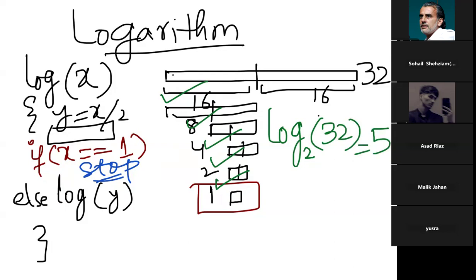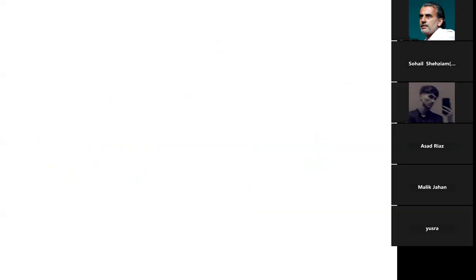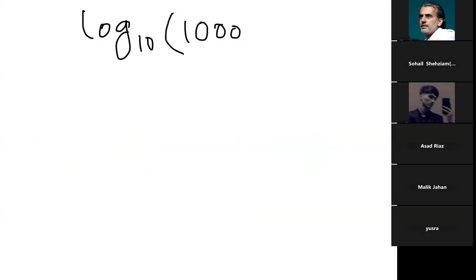Right. So let me do one more quick example, and then we'll focus more on the kind of stuff which we are talking about. For example, if I have to compute log base 10 of some number, let's say 1000.